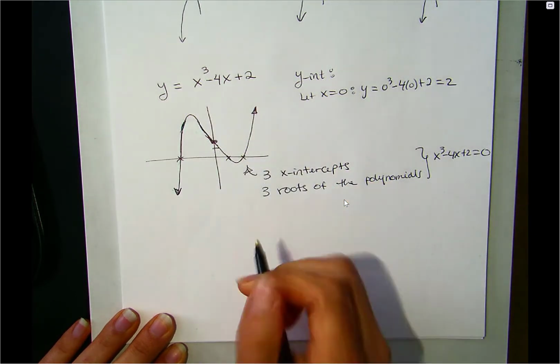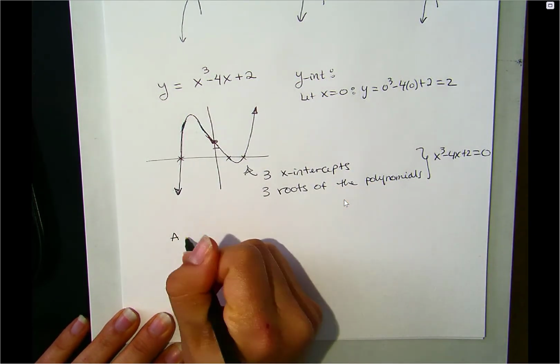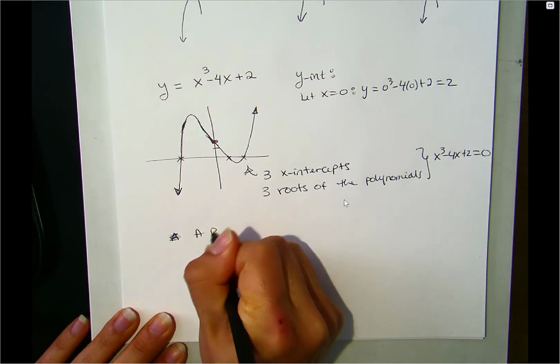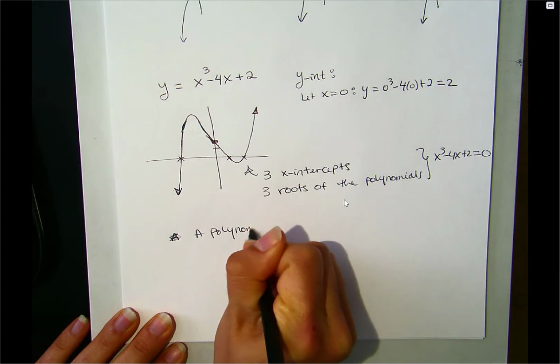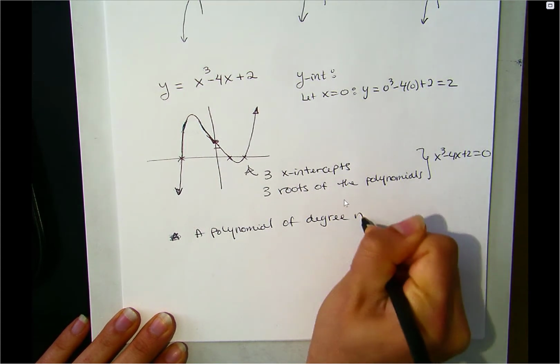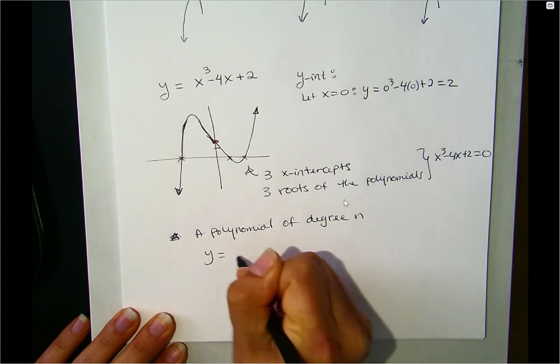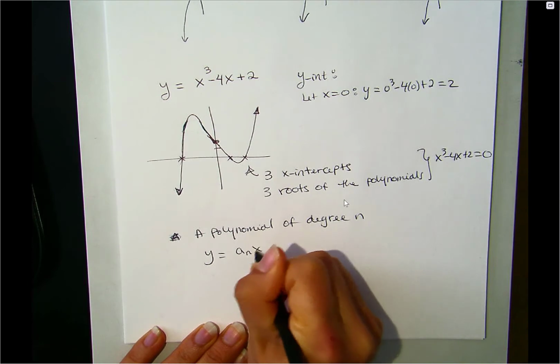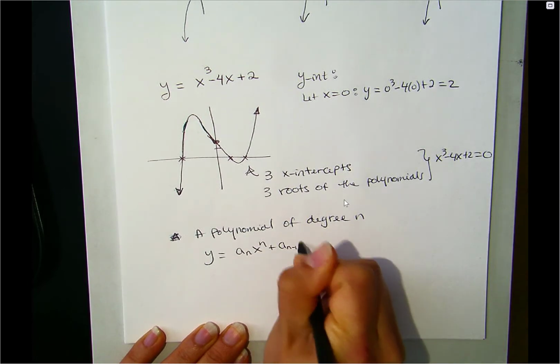And so let me say, if you have a polynomial of degree n, so something like that will look like a n x to the n plus a n minus 1 x to the n minus 1.